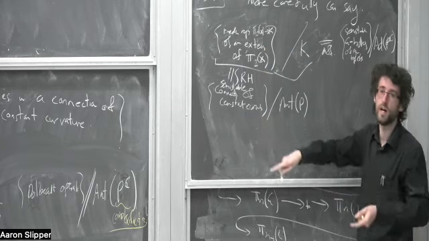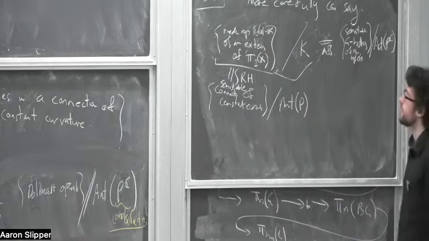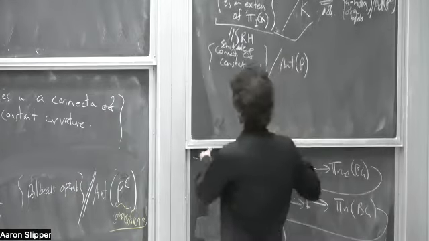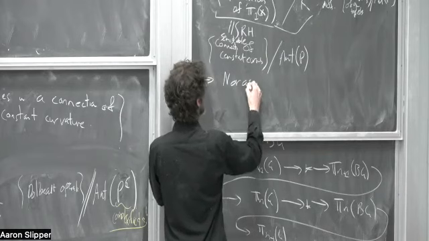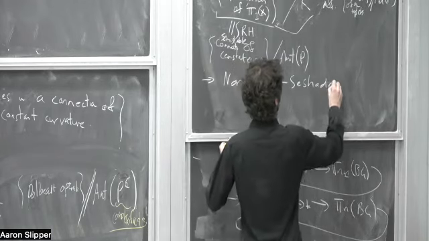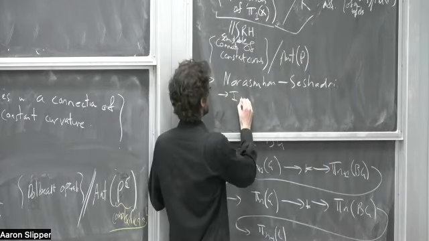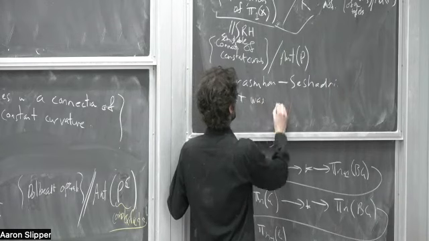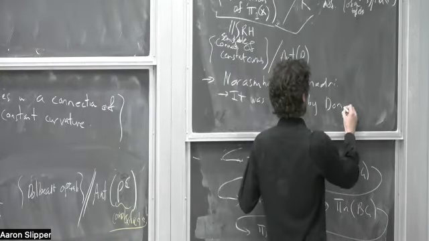And you have to fix one for the actual group extension to make sense. And there is a theorem of Narasimhan-Seshadri, and then a new proof that was proved by Donaldson using this approach.